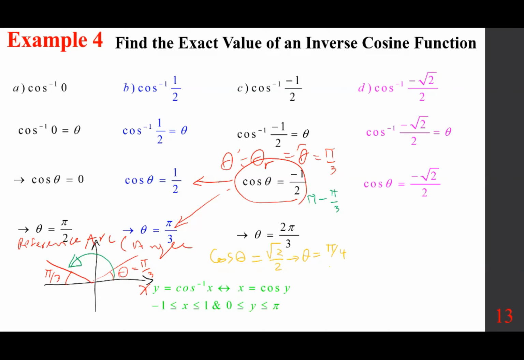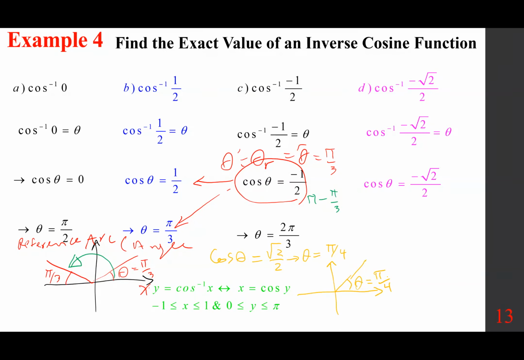In other words, pi over 4 will result in cosine, the same thing for sine, by the way, to be square root of 2 over 2.